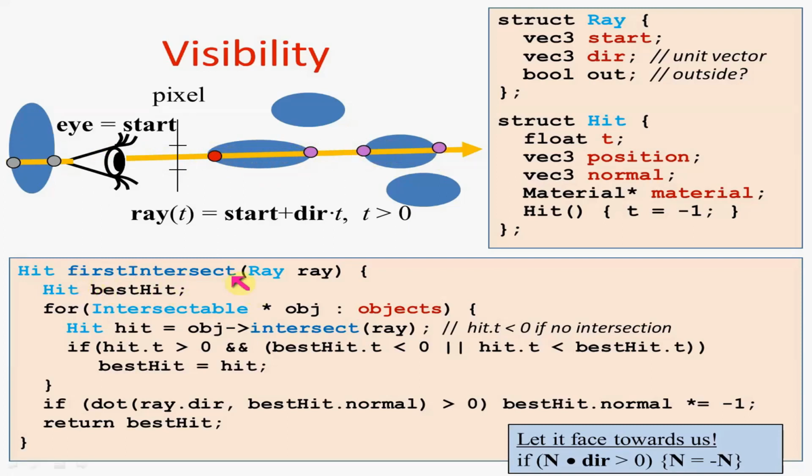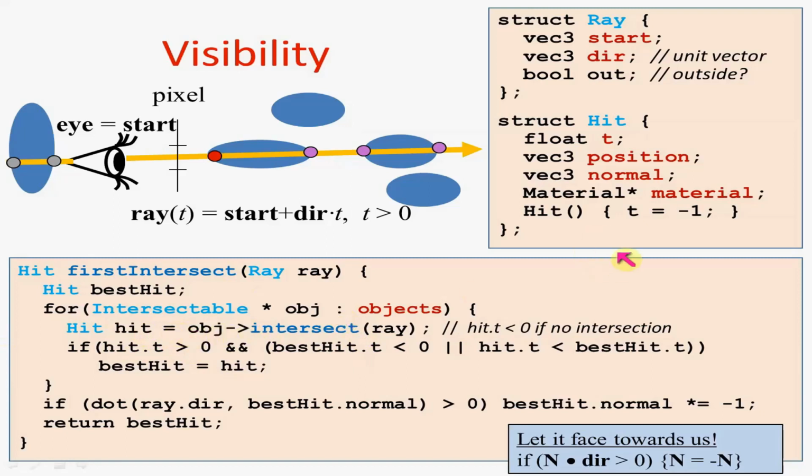Function firstIntersect finds this point by trying to intersect every single surface and always keeping the minimum and positive ray parameter t. The implementation assumes the existence of an intersect function for every object type, which returns a hit structure if there is an intersection.